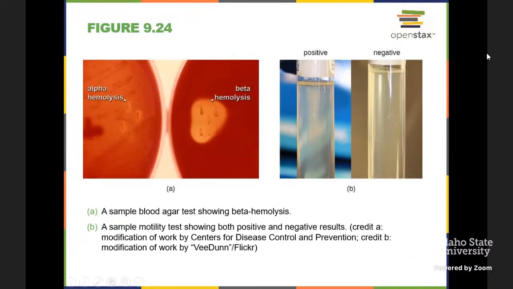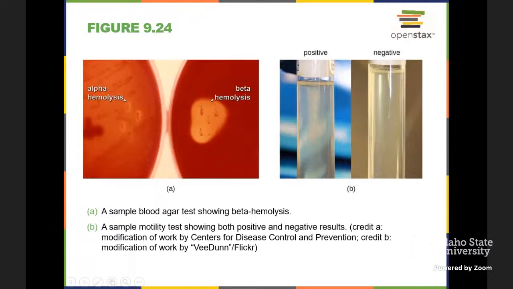And over here in the negative, you can kind of see where the needle stick went in. This is microbiology, sometimes you've got to use your imagination. You can see right here where my arrow is, the littlest bit of growth. The bacteria is growing, but it's not spreading out. It's just right where the needle poked in. Not motile. And then spreading out, motile.